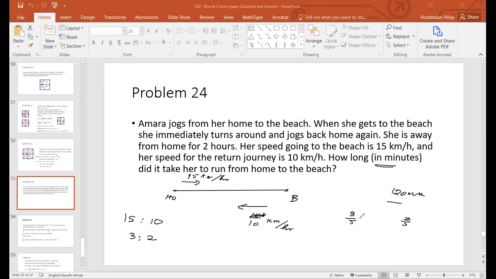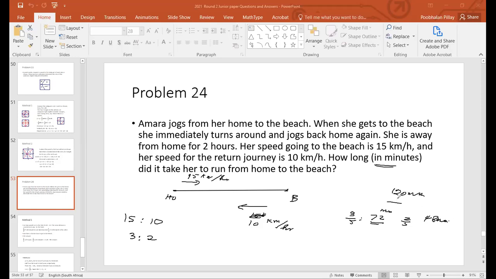3/5 of 120, 5 goes in 120, 24 times. So this is 72. It'll be in minutes. And this is 2/5, it will be 24 times 2, which is 48 minutes.